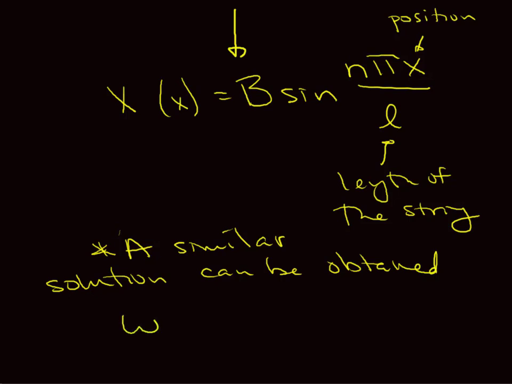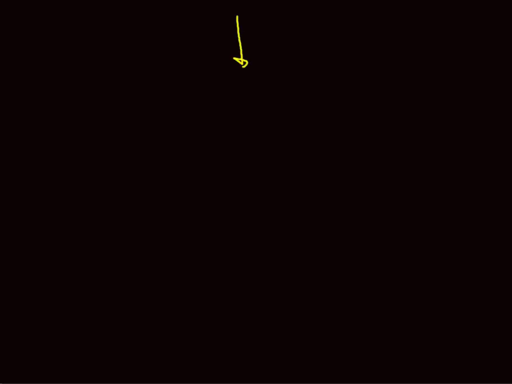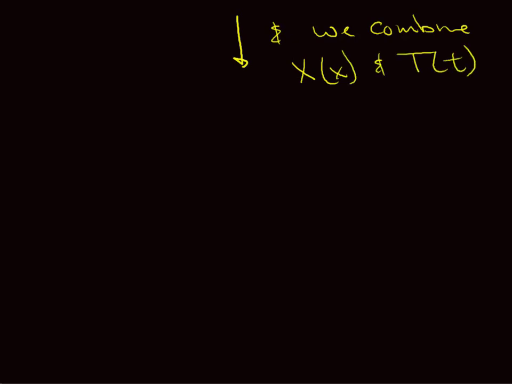And so what we could also say is that omega sub n is equal to beta v, v being our velocity, is equal to n pi, the velocity, divided by L. And we combine our function for X of x and T of t.